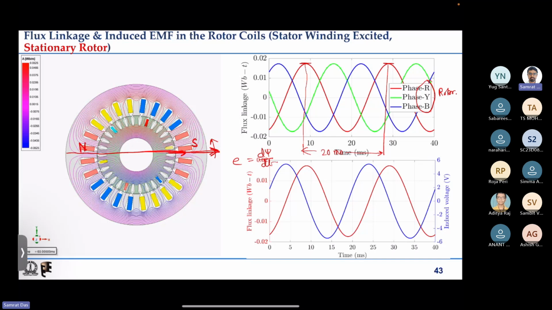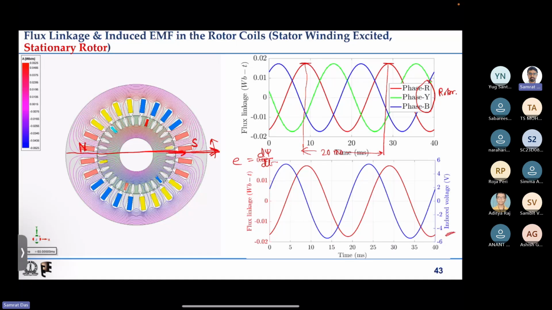If I take the differentiation of that flux linkage, I get the induced EMF. Differentiation means it will lead that original flux linkage curve by 90 degrees. So that is what you can see, the induced EMF has shown.